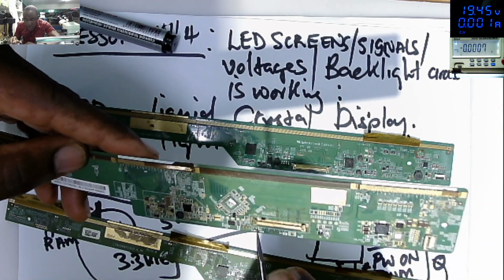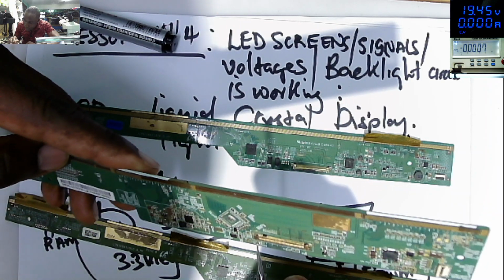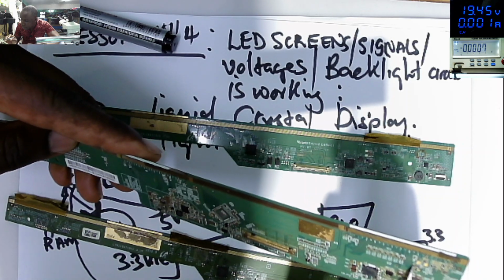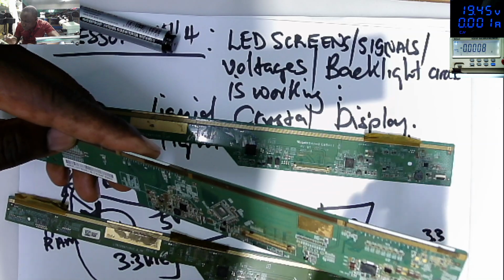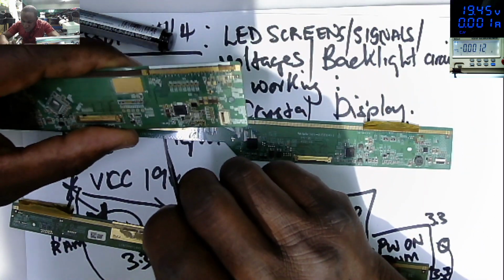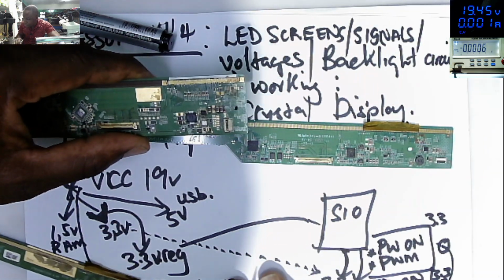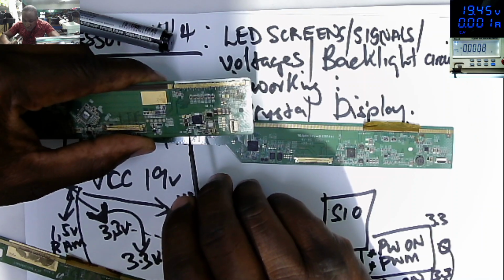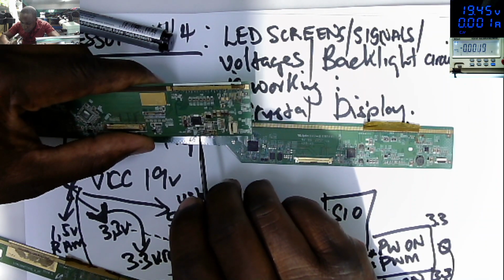Here I can see this white fuse, and another fuse here. And here we have our test points. We have the LED on here and the LED enable.